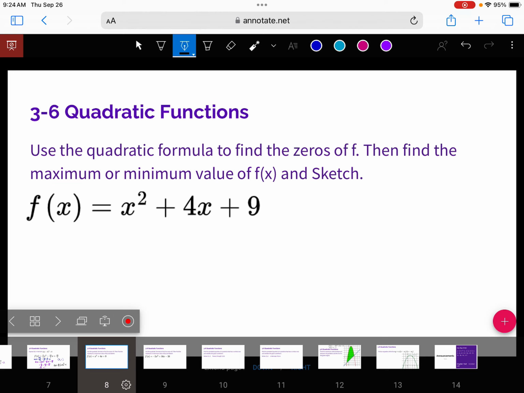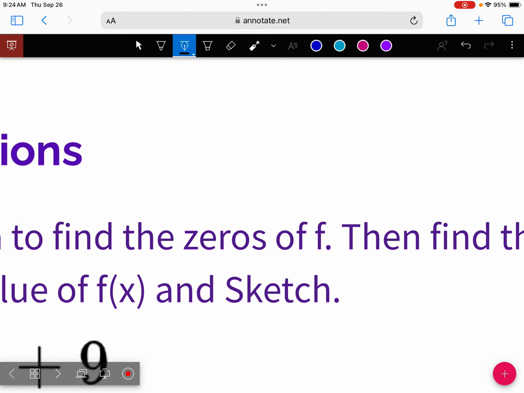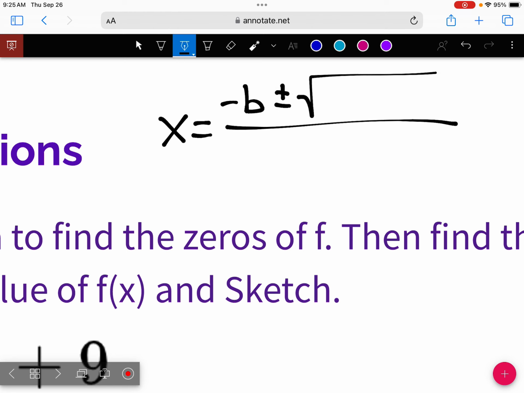So we've got to remember what that is. What is the quadratic formula? x equals the opposite of b plus or minus the square root of b squared minus 4ac, over 2a.